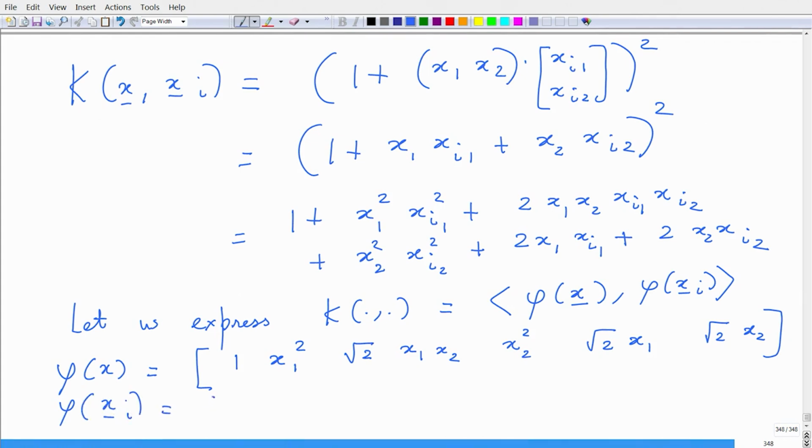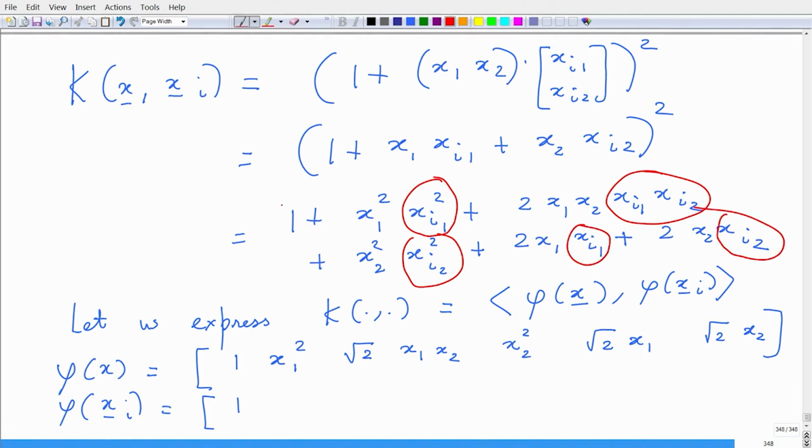Similarly, phi of xi can be written as 1, xi1 square, root 2 xi1 xi2, xi2 square, root 2 xi1 and then root 2 xi2.